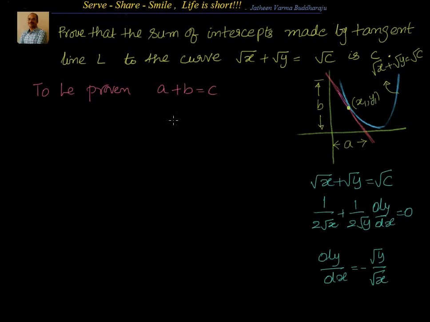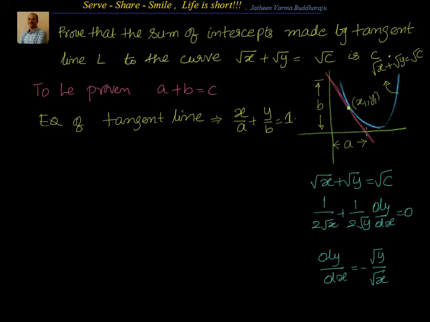But we also know the equation of the tangent line. If we know the x and y intercepts, then it can be given by x by a plus y by b equal to 1. And we know the slope of this line.